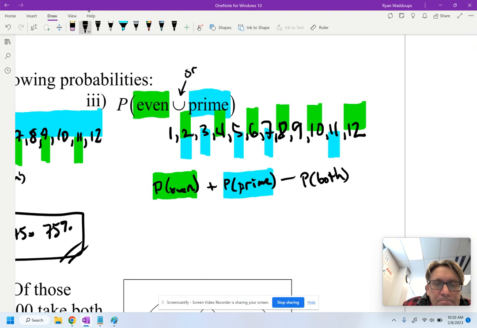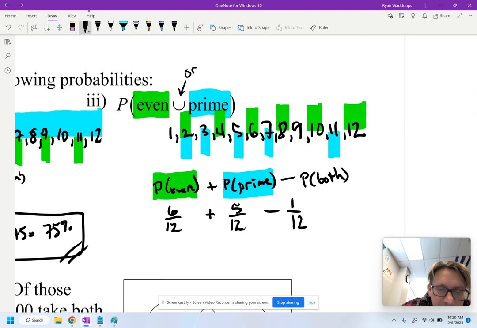Two is the only even prime number. But the probability of even, we've got 1, 2, 3, 4, 5, 6 out of a possible sample space of 12, plus the probability of prime, which is 1, 2, 3, 4, 5 out of 12, minus the probability of both, and it appears there's only one number that is both, and so that would be minus 1 out of 12.